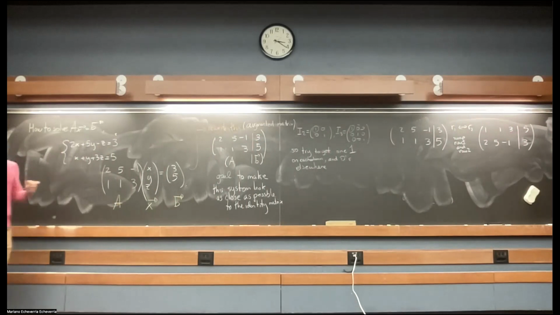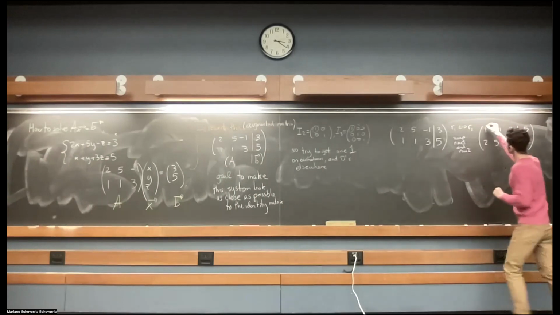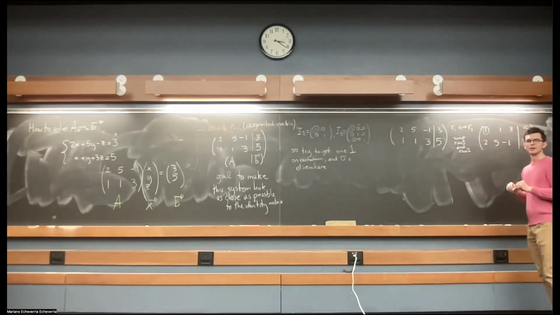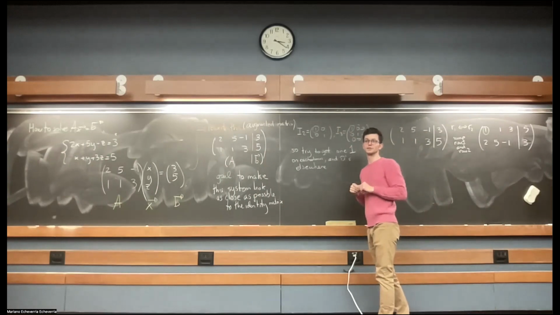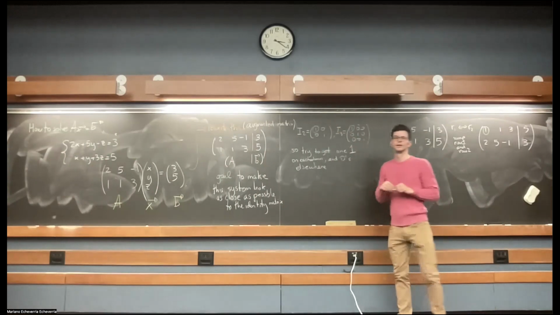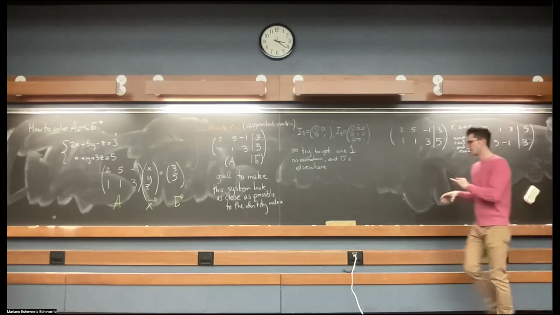Okay. So the first goal has been achieved in the sense that now this starts with a 1. This looks a little bit closer to how the identity matrices look, because they also start with a 1. And then once you have a 1, you use that 1 to create zeros everywhere else in that column. So let me write that down.